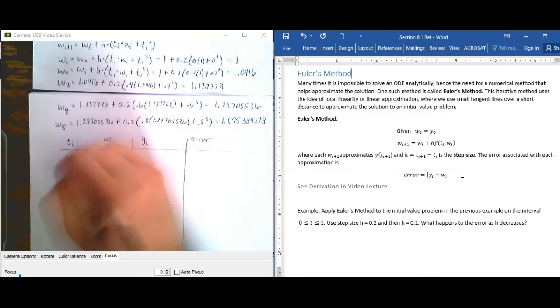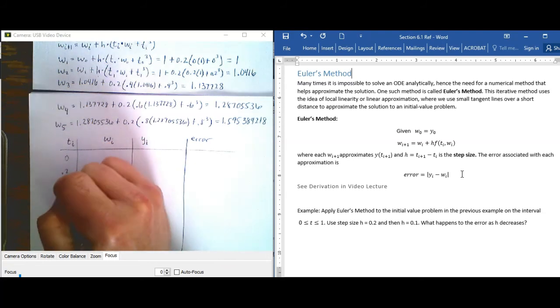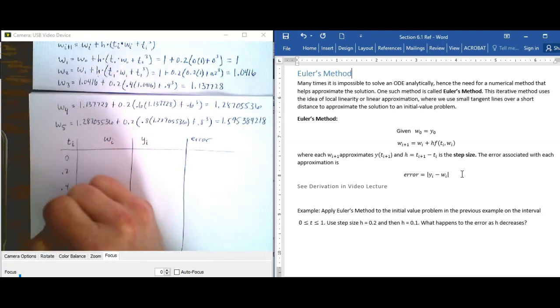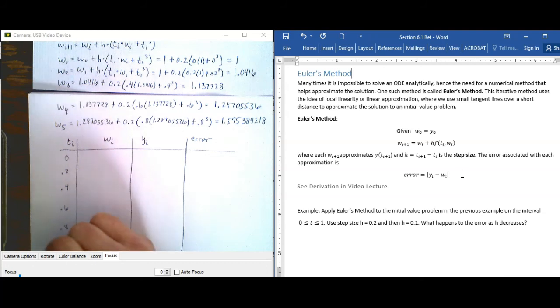All right, so our t's were 0, 0.2, 0.4, 0.6, 0.8. Okay.